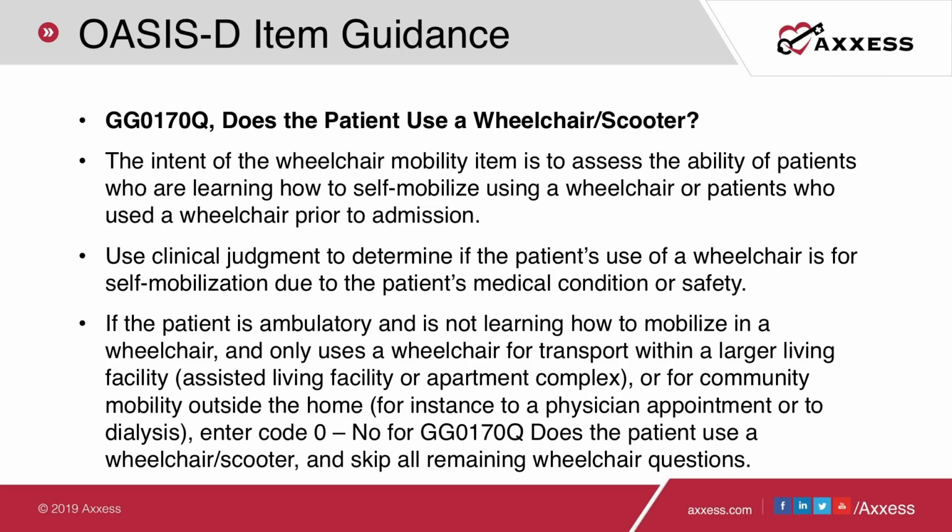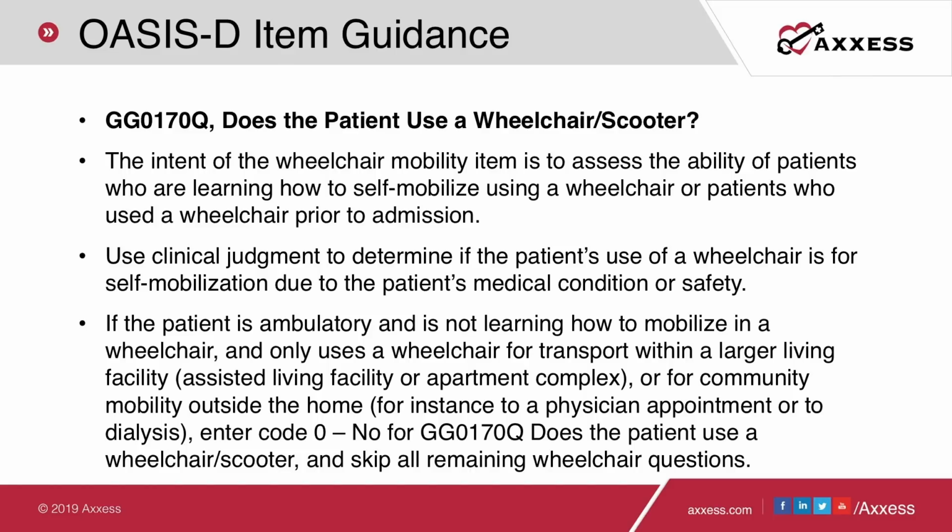All right, the next parts of GG0170 are asking about whether or not the patient uses a wheelchair or scooter, and if so, what kind, and can they move around in said wheelchair or scooter. The intent of the wheelchair mobility item is to assess the ability of patients who are learning how to self-mobilize using a wheelchair or patients who used a wheelchair prior to admission. Use clinical judgment to determine if the patient's use of a wheelchair is for self-mobilization due to the patient's medical condition or safety.